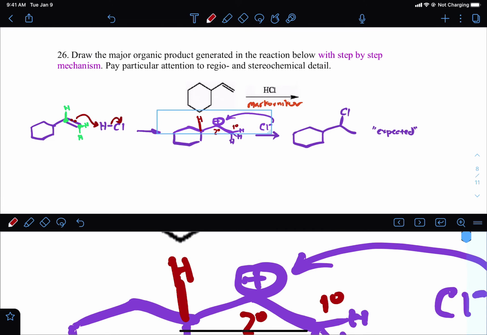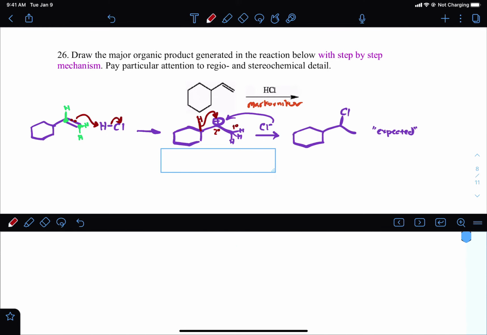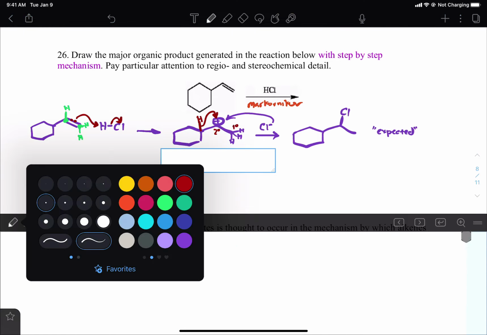So in this case, this hydrogen is simply going to move. It's literally going to pack up its bags and move next door. Now think about what happens here. I'll keep with the red color here.